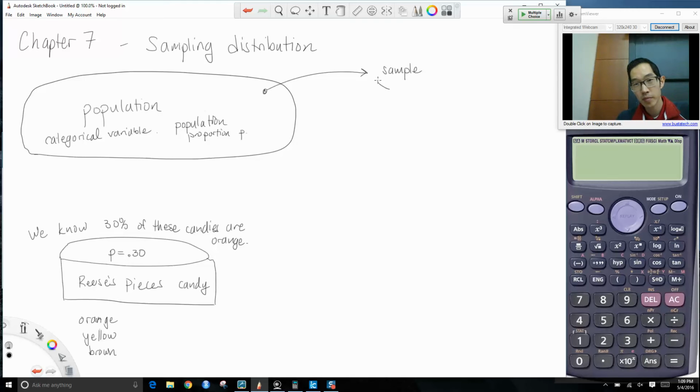Okay, and in the sample we have sample size n total observations, and then we'll have x quote-unquote successes, and we will have p hat, which is x over n. This is our sample proportion.